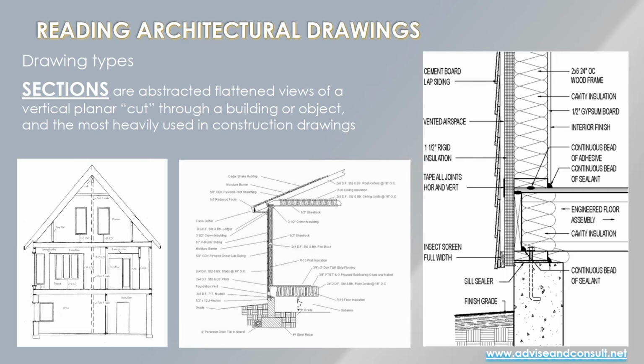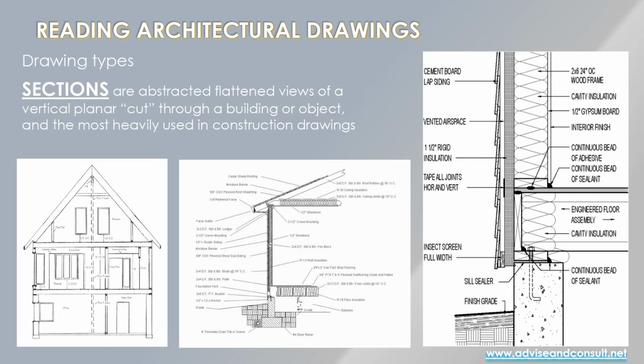But if you look at the middle and the left section details, the one in the middle shows the same wall that is depicted in the detail on the right, but that wall is shown in the larger context of the whole side of a house.